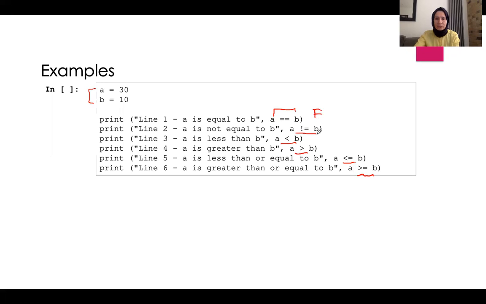A is not equal to b will produce true. A is smaller than b will produce false. A is greater than b, that's true. A is less than or equal to b, this is not true, therefore it is false. A is greater than or equal to b, that is true.